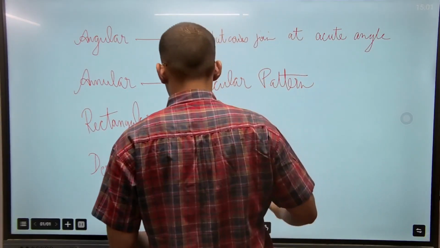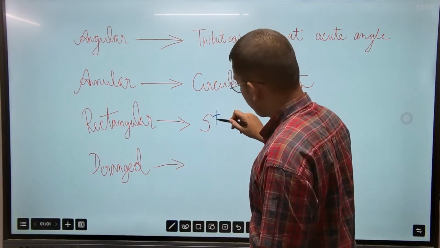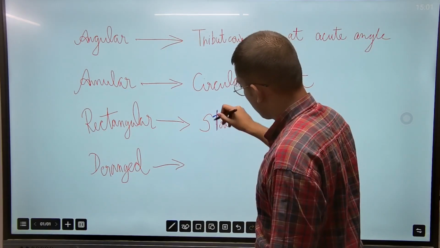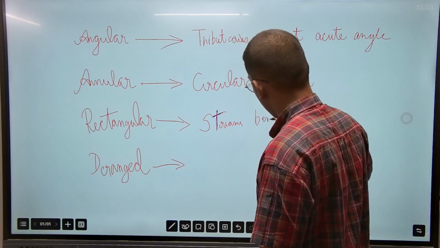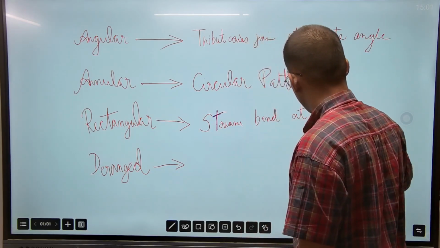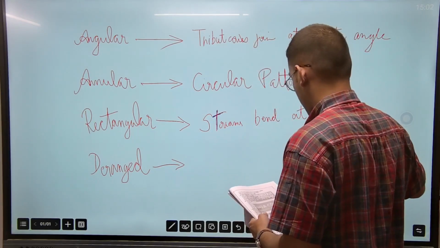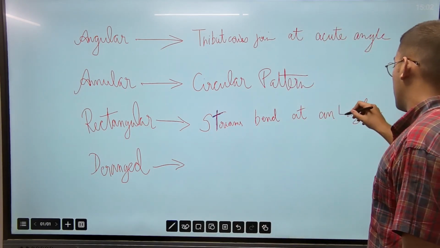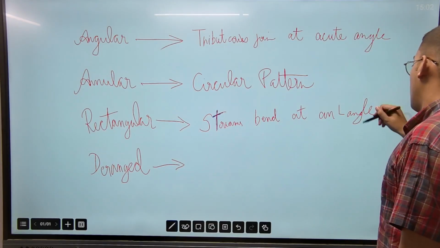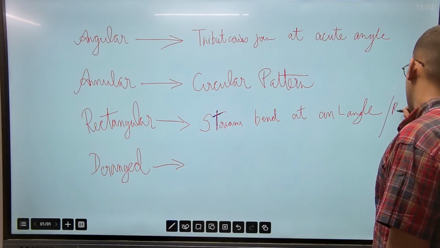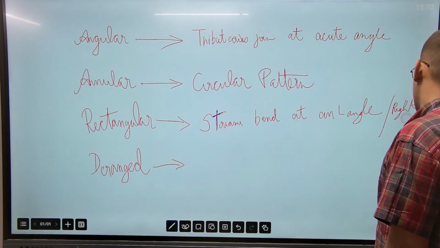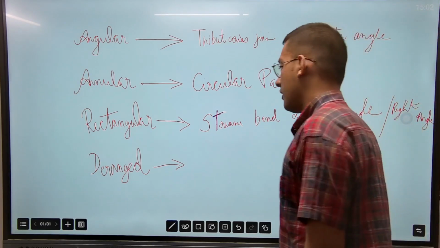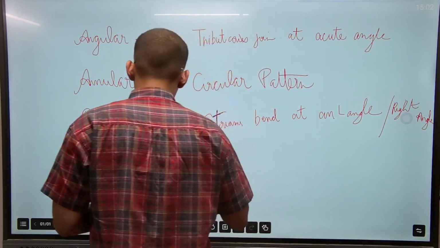Rectangular will be streams bending at right angle, right? Deranged will be where there is no pattern.